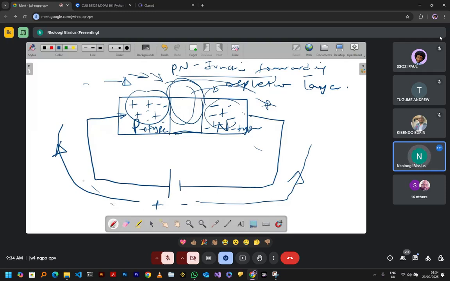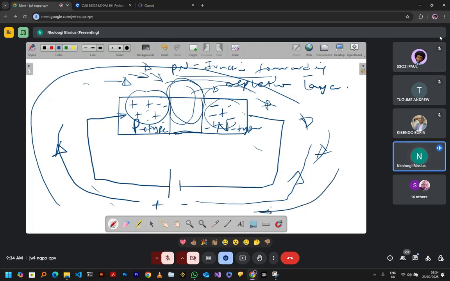But now, because current obeys the direction of the positive ions to flow, at the end of the day, current will be going in this kind of loop.